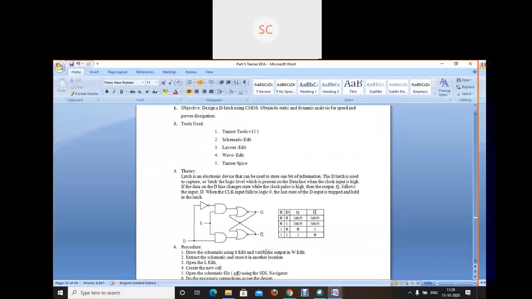Latch means without clock. A memory unit without clock is considered a latch.